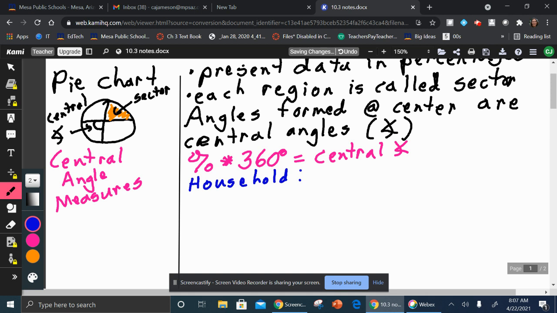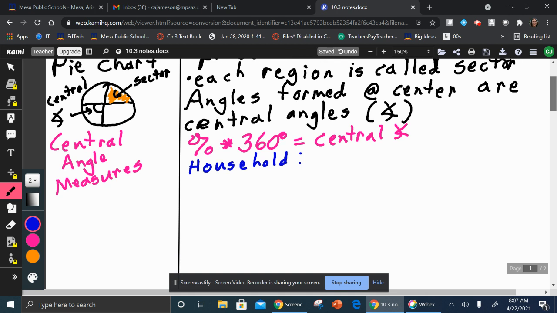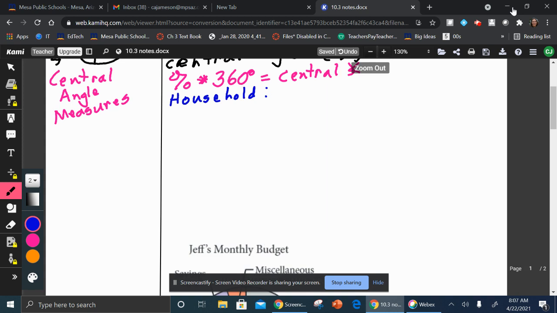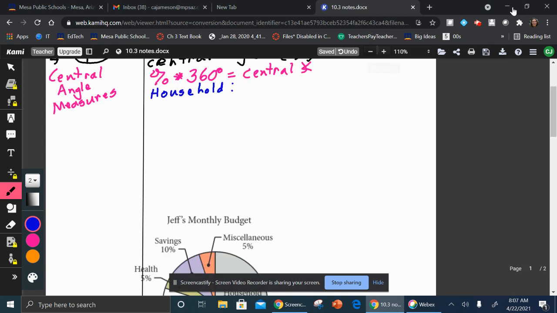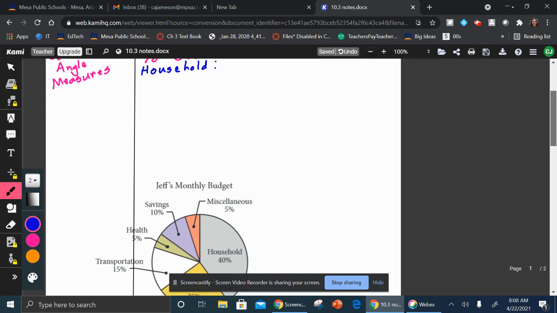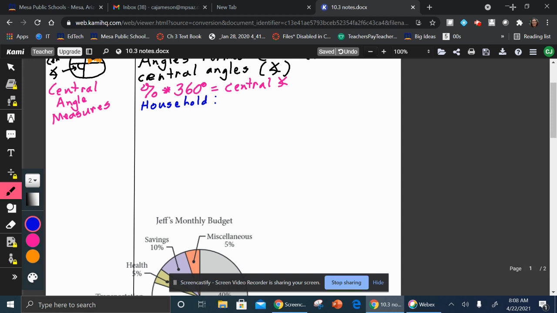so everybody, we're looking at this graph.